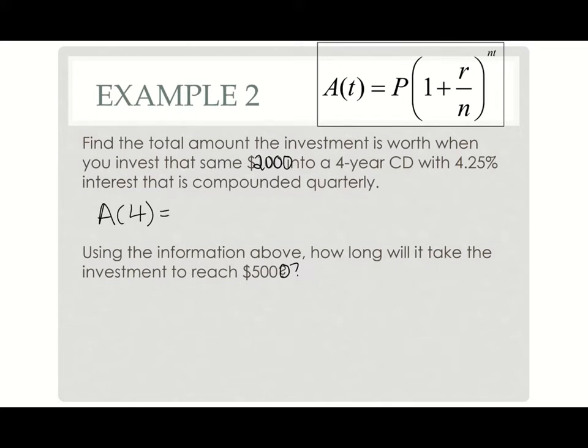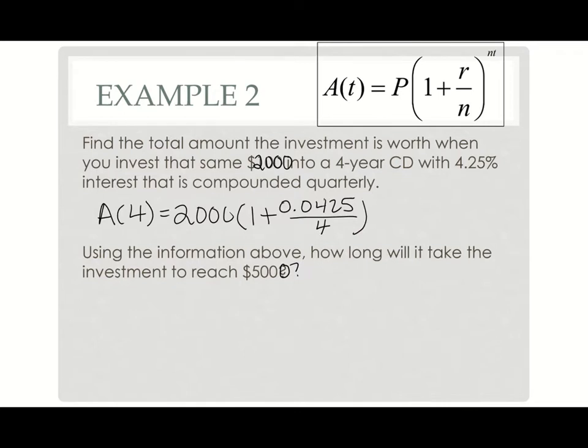If we start with 2,000 and we have a growth of 4.25%, but now instead of compounded monthly, we're compounded quarterly. So 4 times a year.